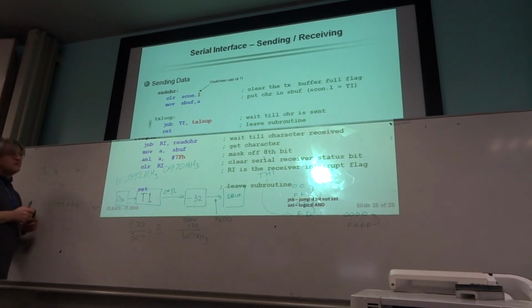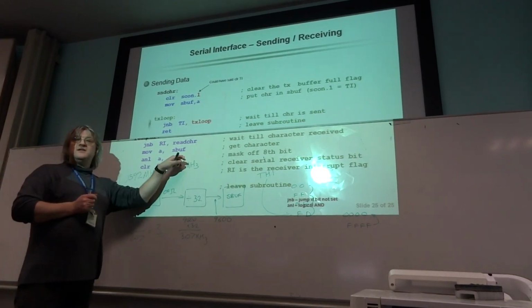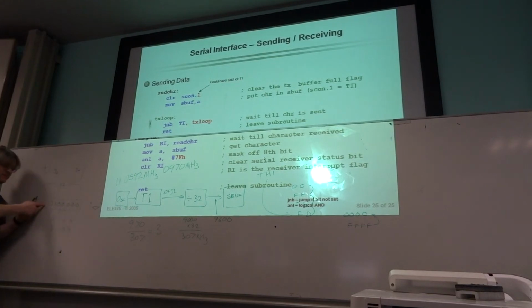So we're masking it, ANDing it with 7F hex, which will mean that the result will always make this bit 0, no matter what. So even if something 50 came in, it would be converted to 20.